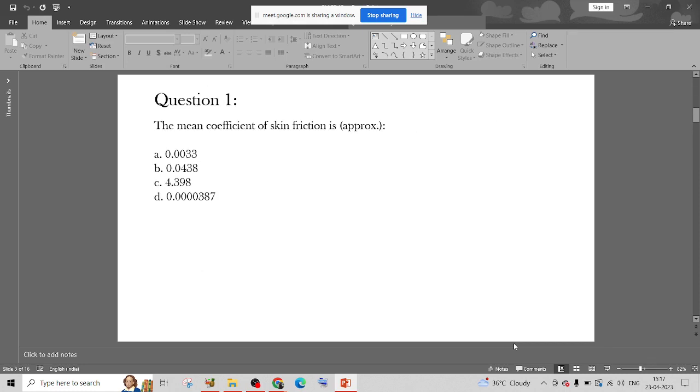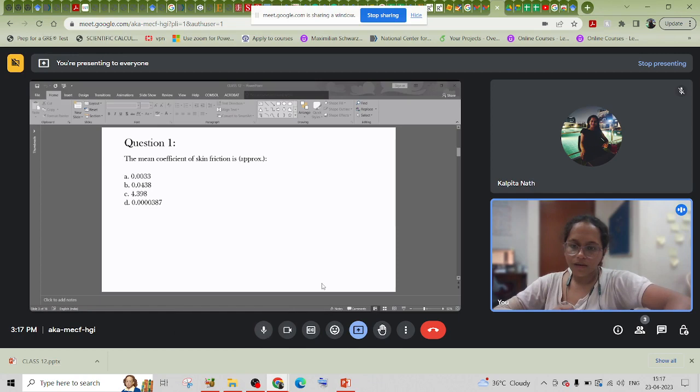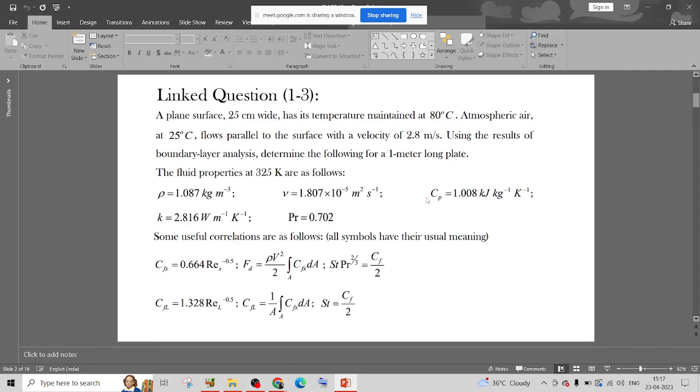The first question is the mean coefficient of skin friction. We have to find out the approximate value of this. Using the previous equations, let me proceed to the previous slide. Yeah, in this slide everything is given.